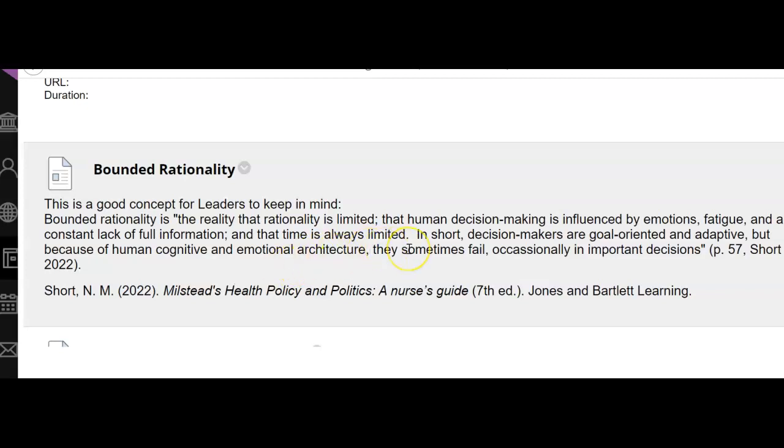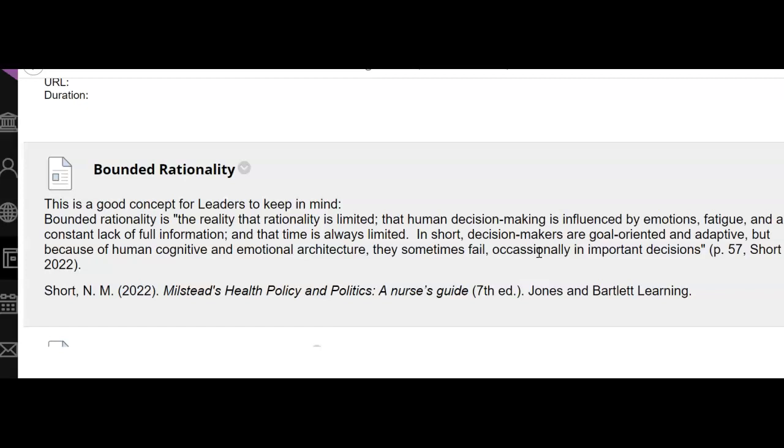But in short, this is according to the quote, in short, decision makers are goal-oriented and adaptive. But because of this cognitive and emotional architecture of human beings, they sometimes fail. Occasionally, they fail in important decisions.